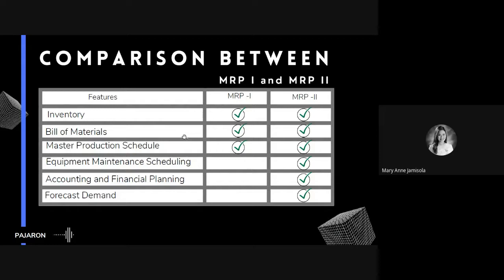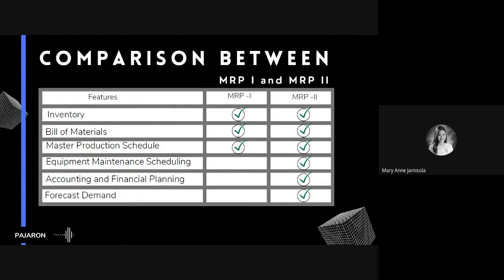But again, in deciding whether to implement just MRP1 or MRP2, you also have to take into account the budget of the company, because these two are systems that, if you have in-house IT consultants or IT professionals, they can make the system for you from scratch.